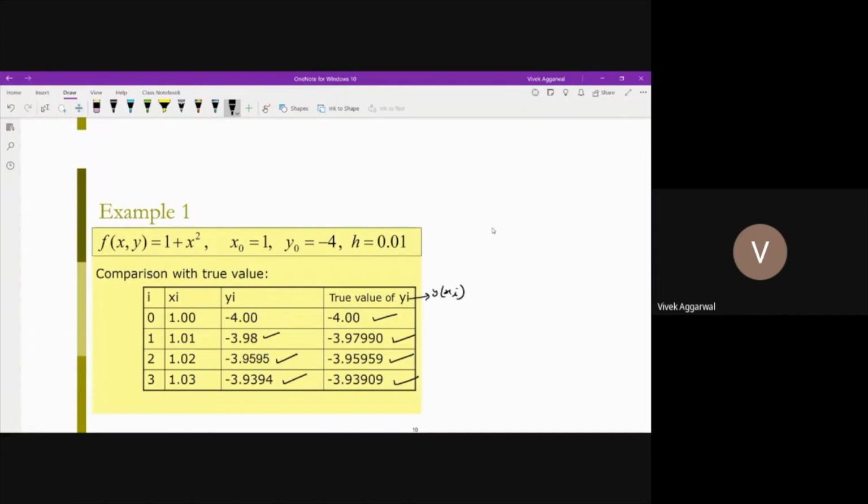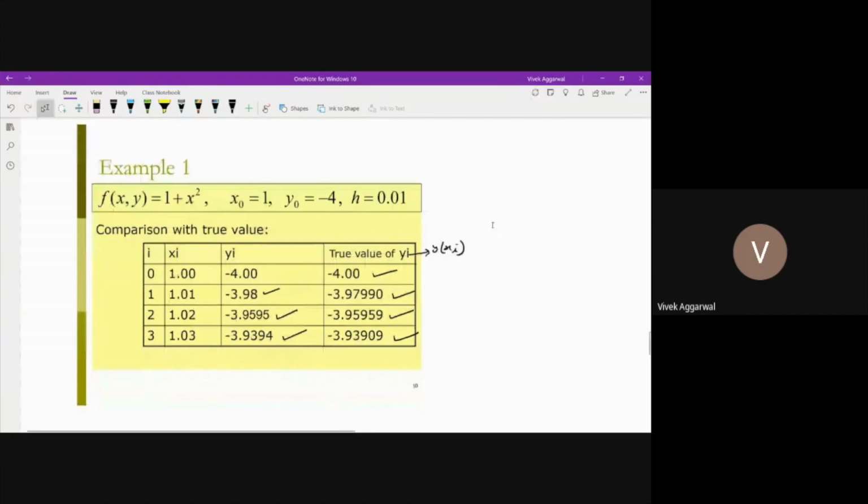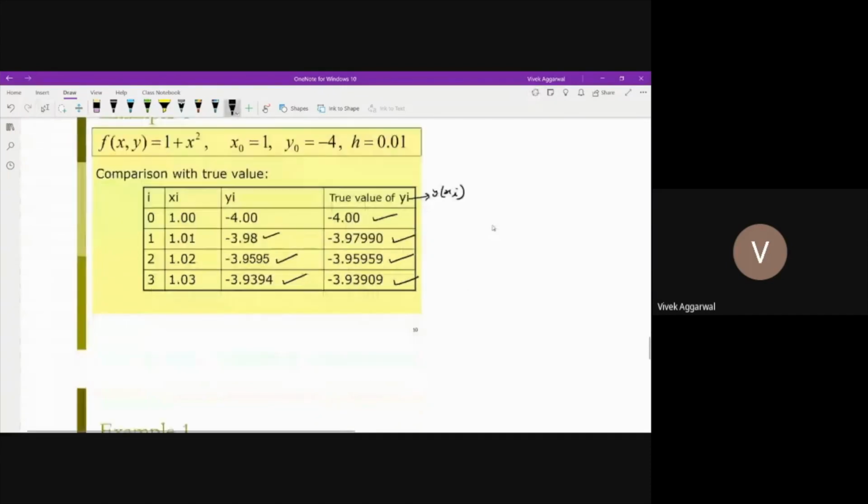So from here you can see that if you round off this solution up to the second digit, it gives you the same solution, minus 3.98. In this case also, it gives you the exact solution up to 4 digits, like this one.